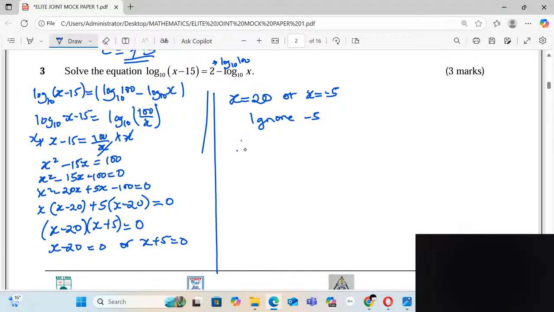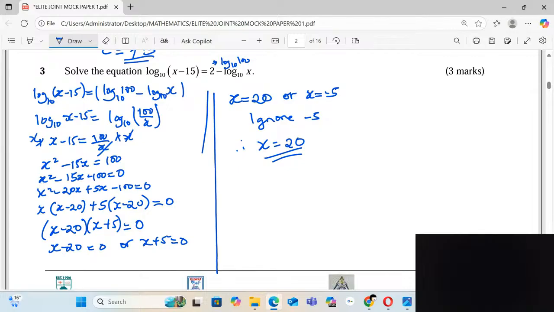Therefore, our x will be equal to 20. So our value of x is 20. So that is how you solve the value of x in that equation. So ignore that negative 5 and you take x, which is equal to 20.